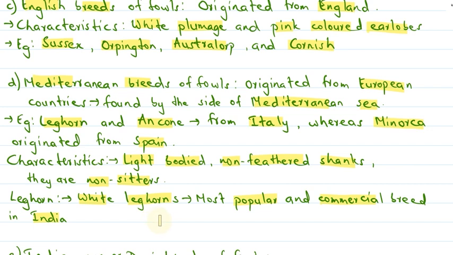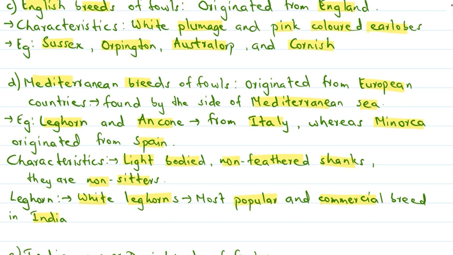Though the Leghorns are adapted to most climates, they thrive well in dry areas. They mature early and begin to lay eggs at the age of 5 or 6 months, and hence the breed is economically important and preferred in commercial farms.